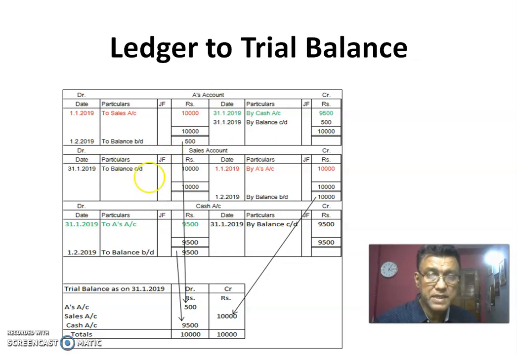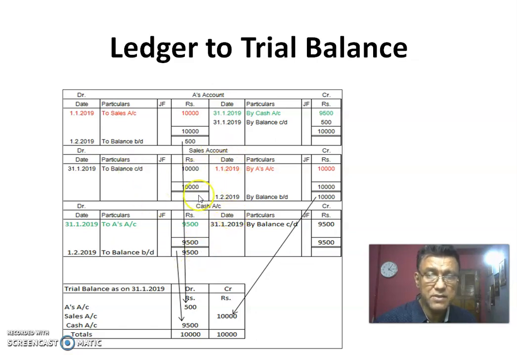Similarly, in case of sale, I have total 10,000 on one side, and the other side also I have put a total of 10,000. So whatever is the balance is balance CD. In case of sales, the balance CD is 10,000 rupees. So you first total up the heavier side, the side which has a higher amount, and then you find out the balance.